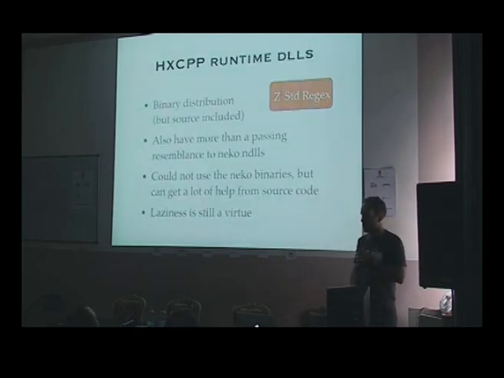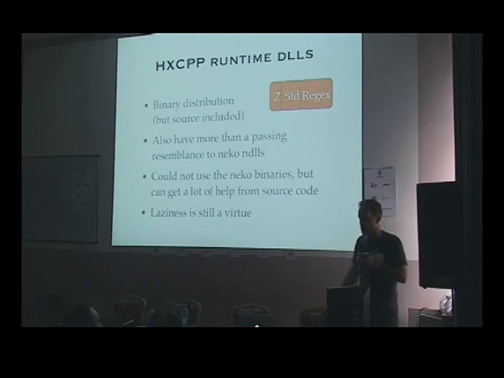So the runtime DLLs come in binary form, although there is source included if you need to compile them up yourselves. And again, they mirror the Neko ones. And again, it's because I just copied the Neko source code. But there are a few differences between the ways HXCPP interacts with external DLLs and the way Neko does.